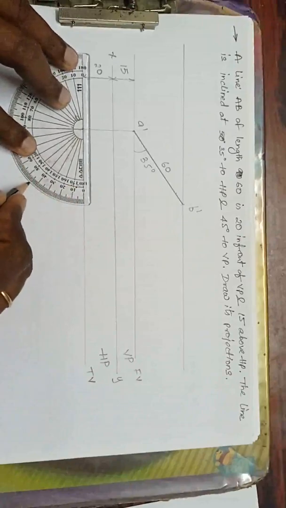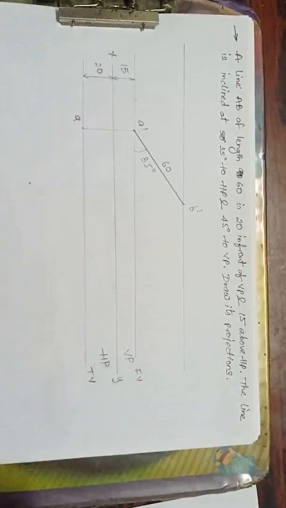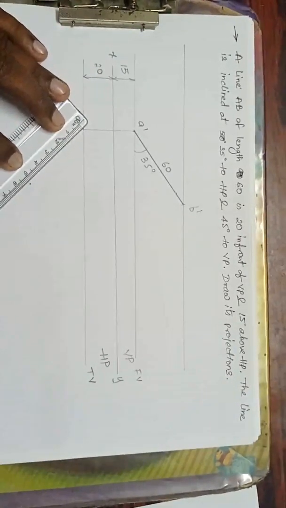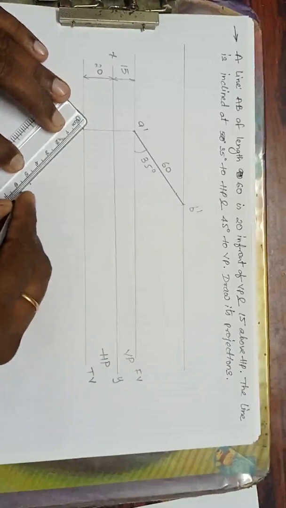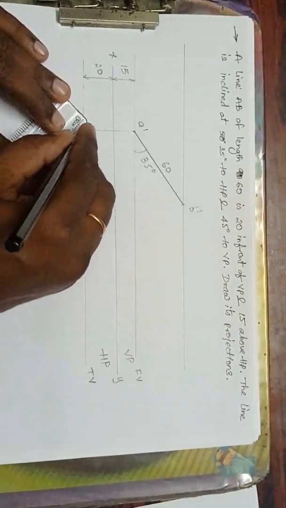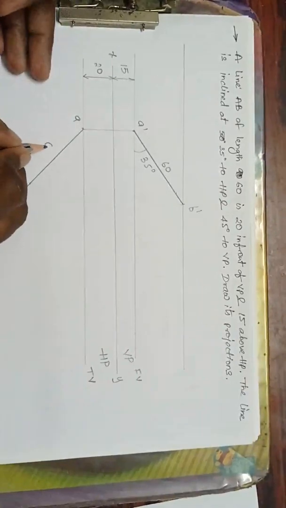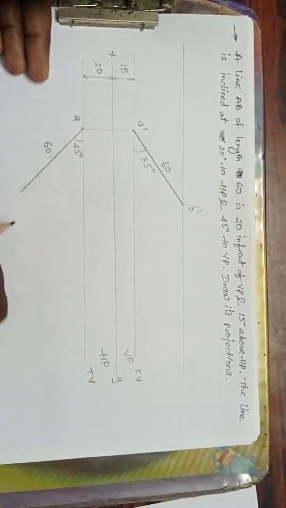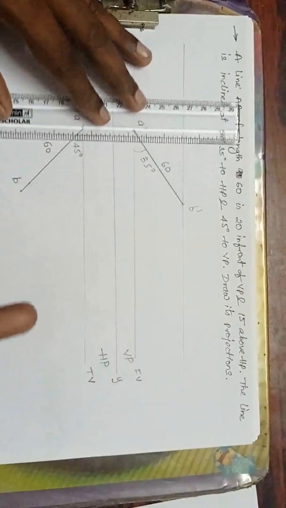So this is 45 degrees. Now length, how much? I know the length, that is 60 mm. Angle: 45 degrees. This is the point B. Right? Now, next what to do?